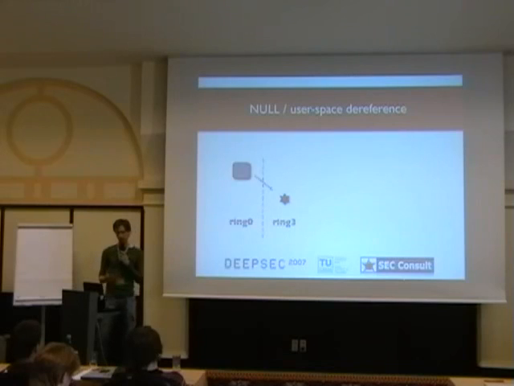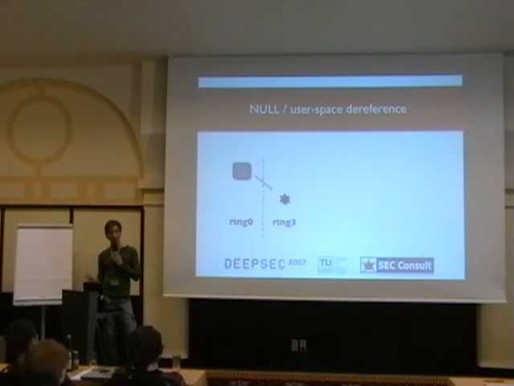We included it because it has a few important concepts, and it's the so-called null pointer or user space pointer dereference vulnerability. Basically, you have a stray pointer in kernel space that points into user space. So if that pointer is dereferenced, then something unpredictable is going to happen.